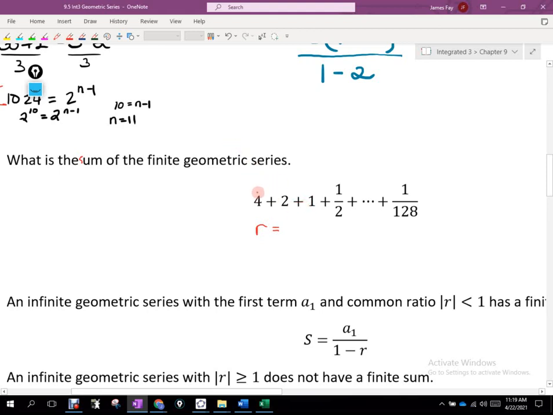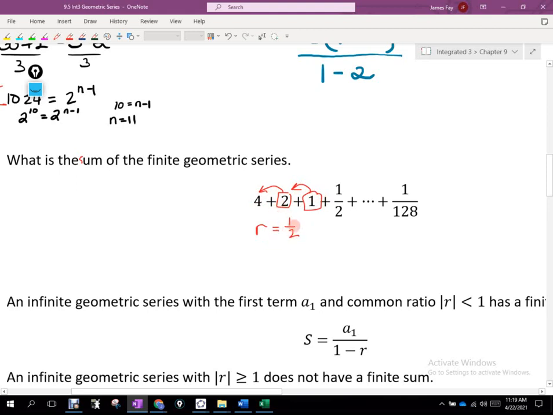So if I'm dividing by 2, what's the same thing as dividing by 2 but using multiplication? Multiplying by 1/2. And if you don't want to view it that way, you always go to the second term and compare it through division to the first one. What's 2 divided by 4? 1/2. What's 1 divided by 2? 1/2. So R has to be 1/2 here.